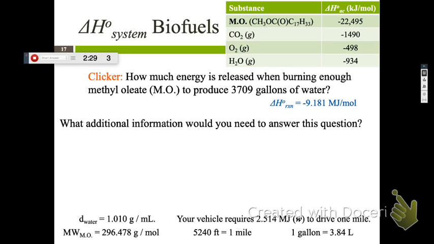I see some people doing lots of small calculations. Try to think about writing it out as one giant conversion.